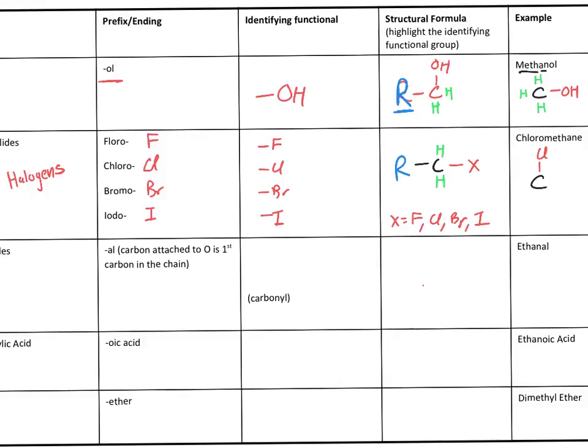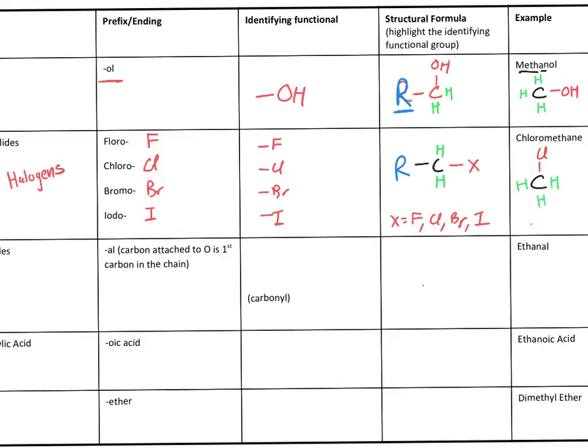And then it would have hydrogens added to the carbon so that the carbon has 4 bonds. And just like before, if we have more than one chlorine, you would call it a dichloro. Or you might say that it's a 1-chloromethane because you're following all of the rules from before.